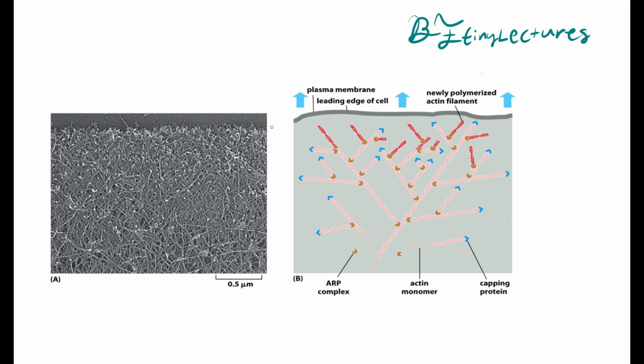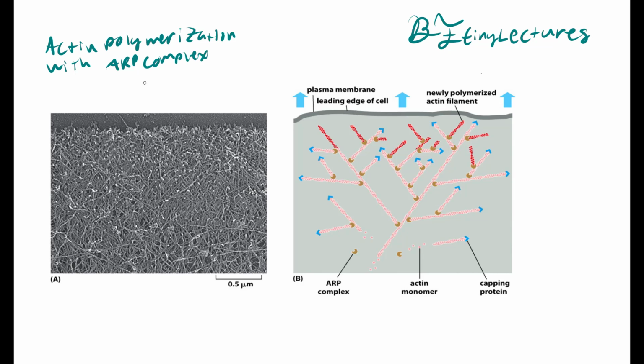The way that the cell moves is that whenever actin is polymerizing, it will polymerize towards the leading end of the cell. How does that happen? Actin polymerization occurs with the ARP complex.